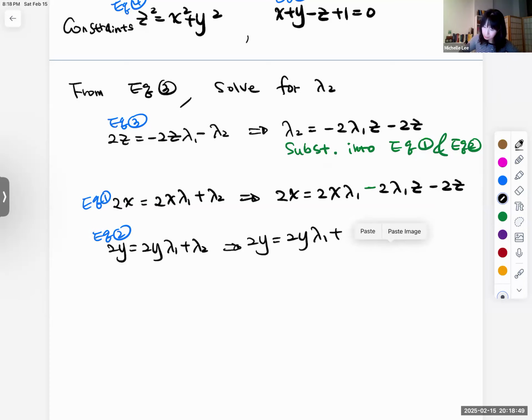Copy and paste, and then highlight in green color. This is lambda 2, and this is lambda 2.